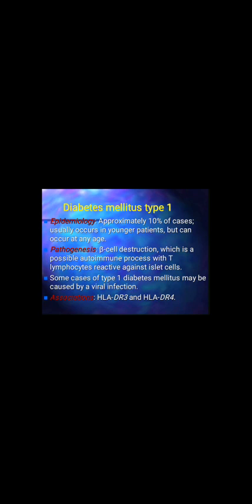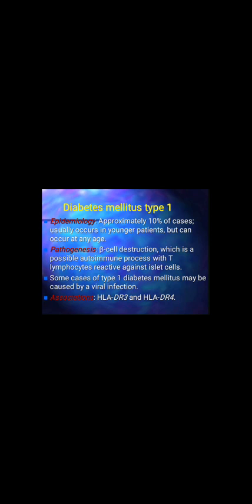And the main pathogenesis of diabetes type 1 is that it's mainly an autoimmune disorder, meaning your beta cells are being destroyed by the immune system, which in turn leads to decreased insulin production, with an association with HLA-DR3 and HLA-DR4.